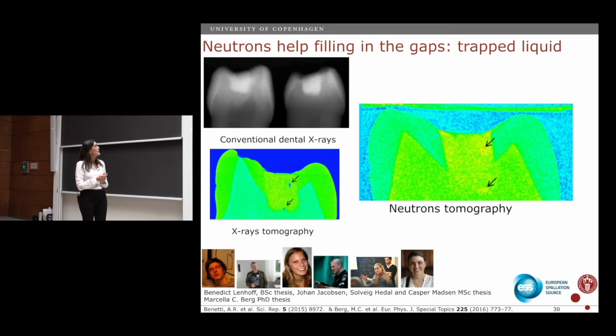This here is what we see with the very large pores, and with neutrons what we can observe is that some of these pores are filled with liquid. Being porous is okay. We need porous materials because they can take stress. This is not okay, because if we have these large pores filled with liquid, this liquid will diffuse and we will have cracks.